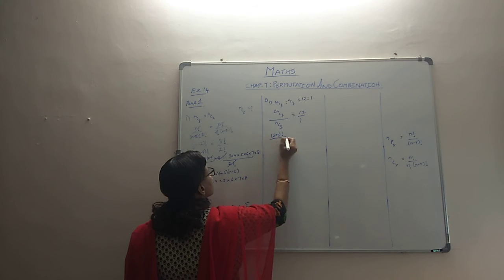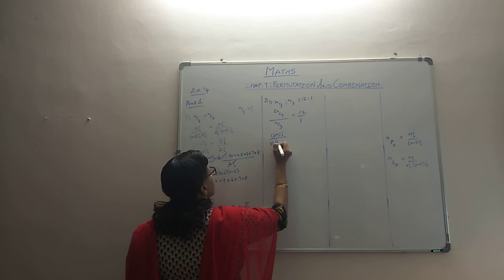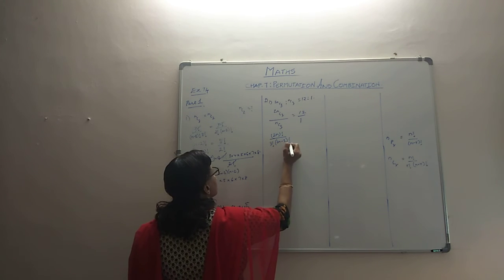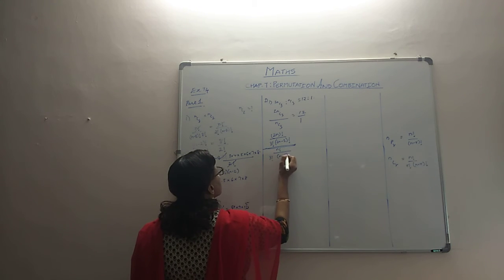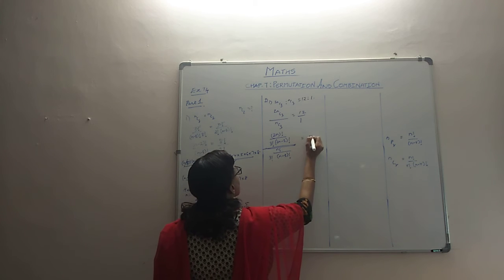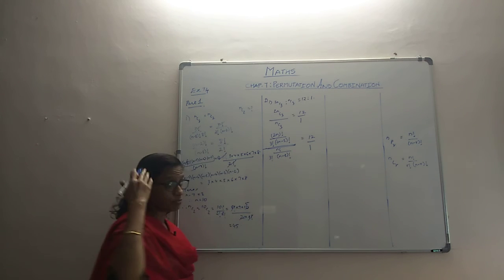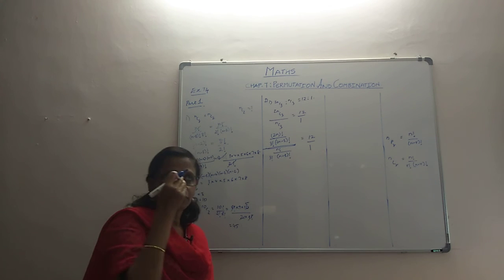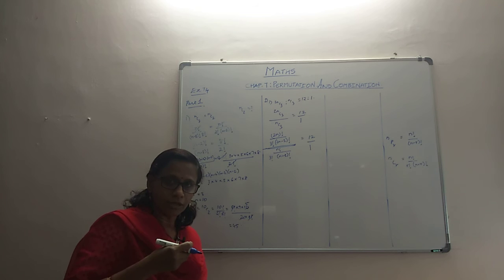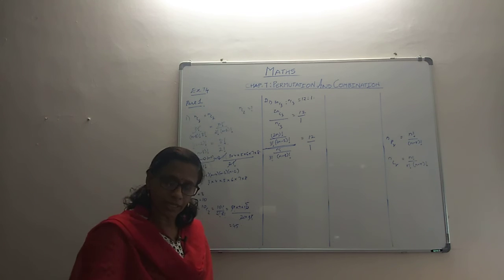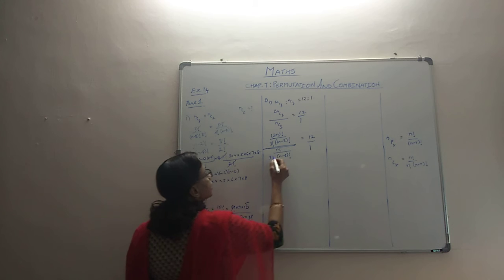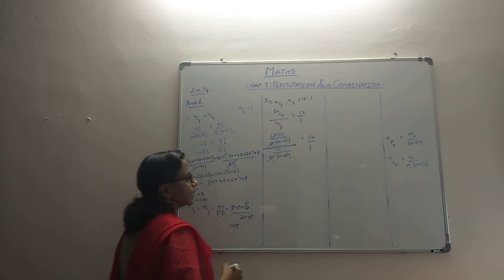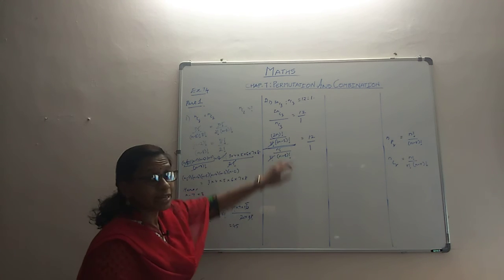Numerator 2n factorial by 3 factorial into 2n minus 3 factorial, over n factorial by 3 factorial into n minus 3 factorial, and this is 12 by 1. We've been doing earlier also that if you have numerator and denominator, then they can cancel. So the 3 factorial and 3 factorial cancel, and these two in turn can be simplified.